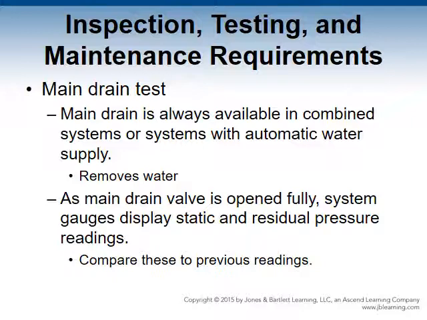It also allows the inspector to determine if the system has an adequate unobstructed water supply. As the main drain valve is opened fully, the system gauges display static and residual pressure readings. These readings can be compared with previous ones to see if the water supply has changed.